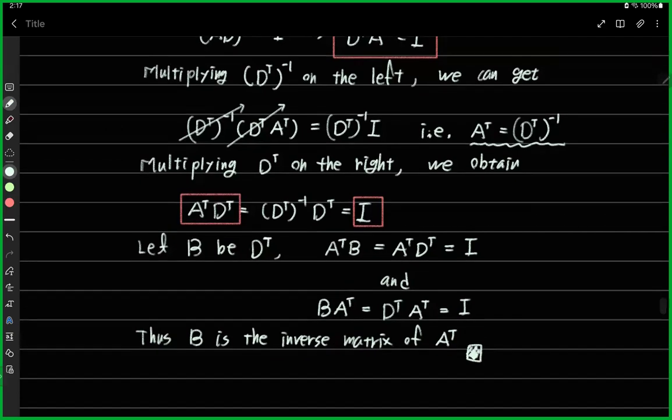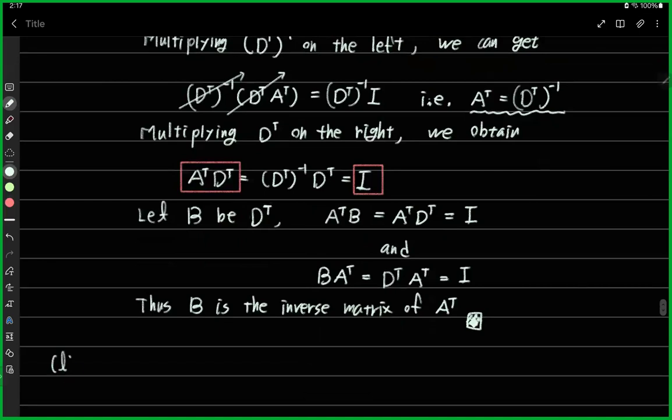Now, last one. If statement L is true, then A is true. Okay. Since A transpose is invertible, then there exists A transpose inverse.